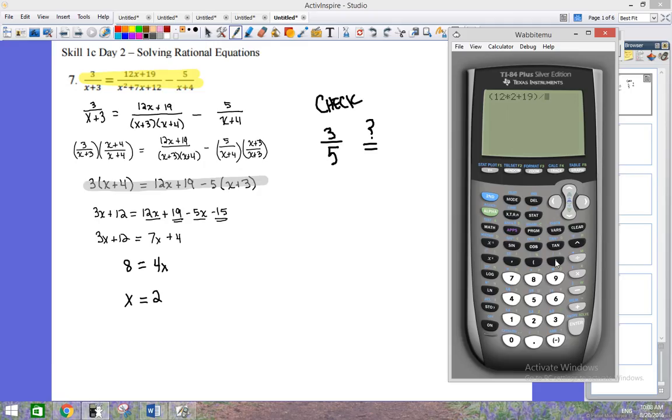I'm going to divide that by my denominator, and I'm going to put that denominator in parentheses as well. I've got 2 squared. Well, it's just easier for me to type in 4, plus 7 times 2 is 14, plus the 12. Close that parenthesis. That is my first fraction, my first term there.